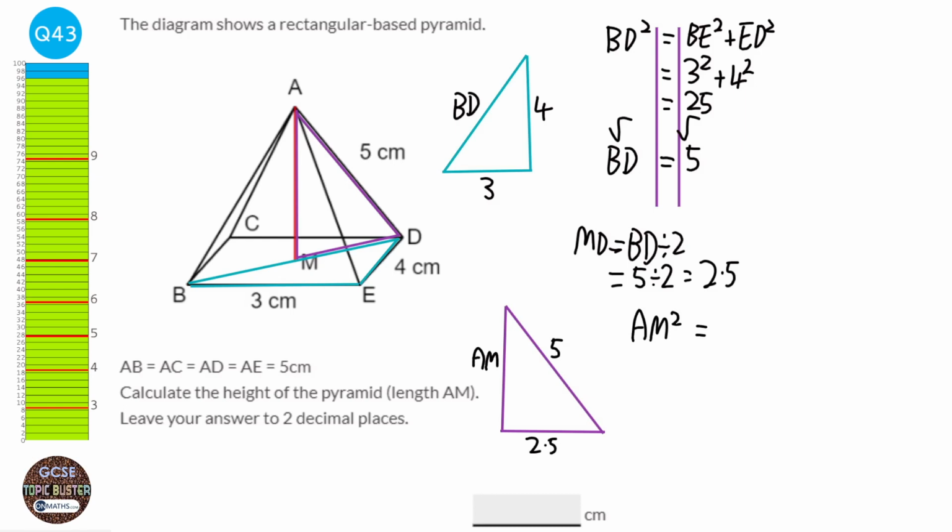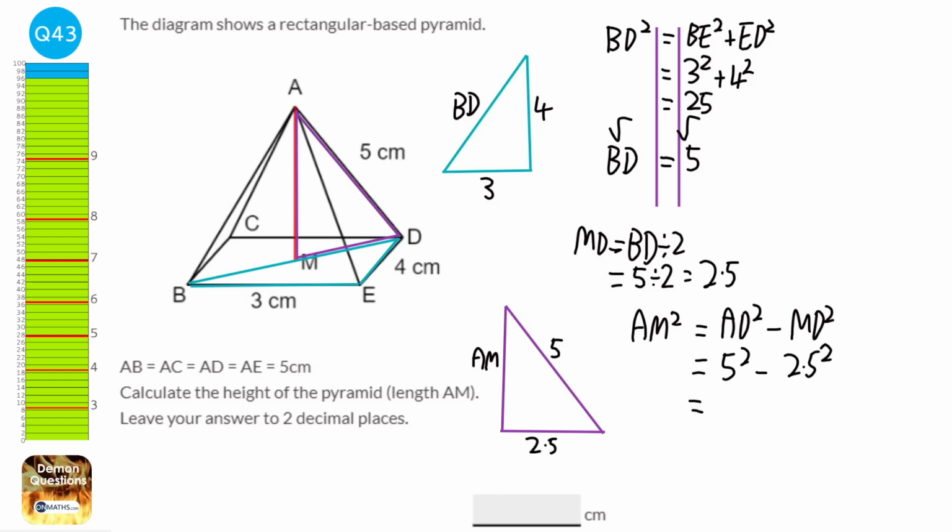So another bit of Pythagoras here. So AM squared is going to equal AD squared, take away MD squared, and that's going to be 5 squared minus 2.5 squared, which is going to equal 18.75.